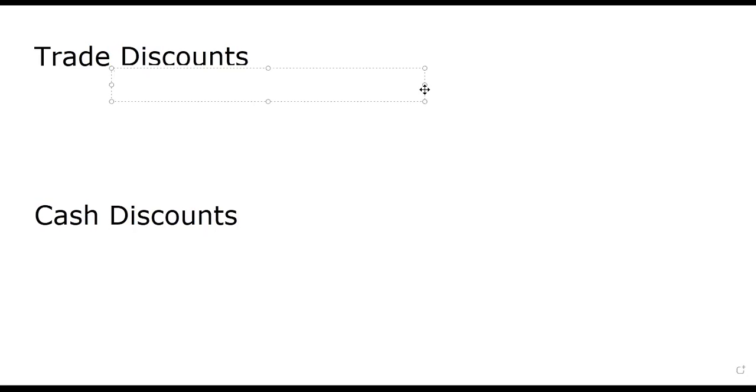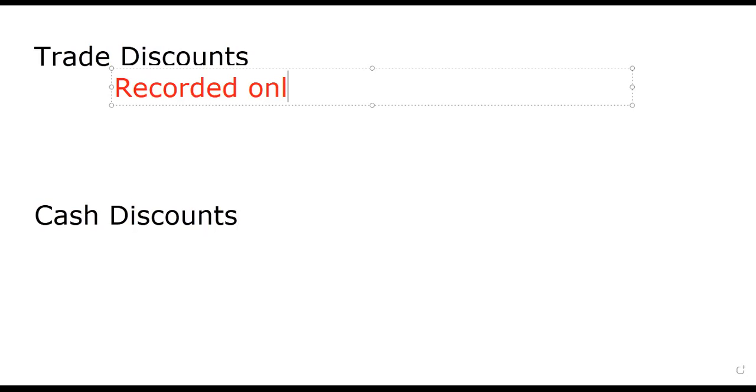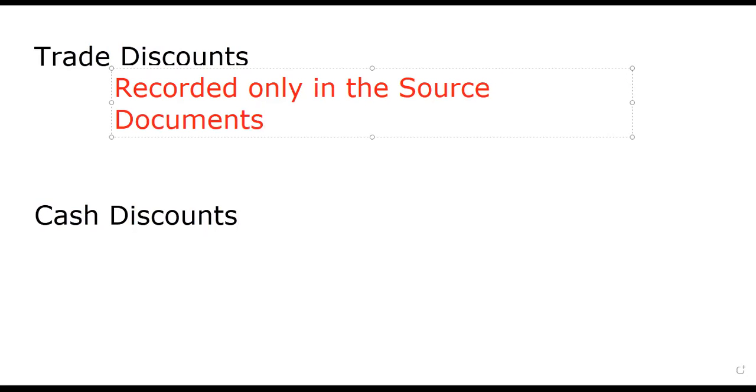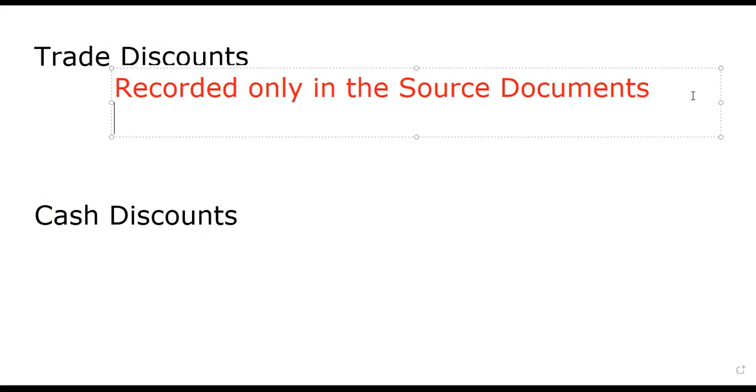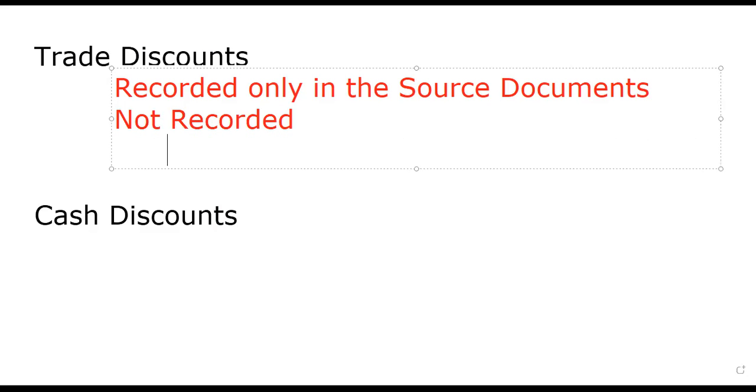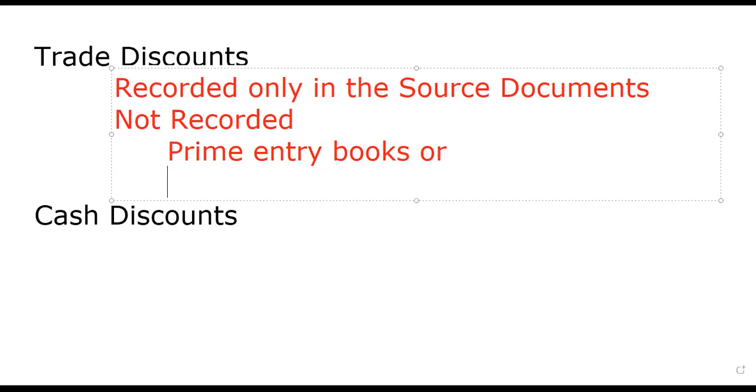Trade discounts are recorded only in the source documents. It means it is not recorded in any prime entry books or in the ledger.